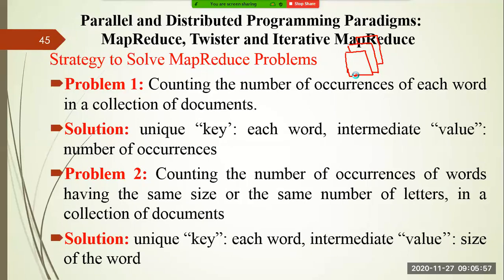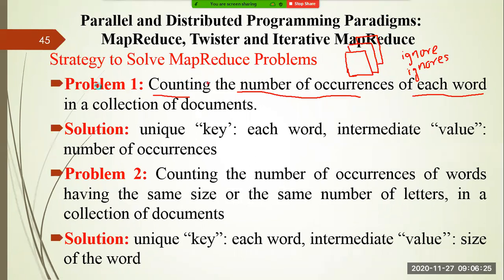Your objective is to count the number of occurrences of each word. Like in the previous example, you are calculating how many times ignore is repeated, how many times ignores is repeated. Similarly, for each and every word present in these documents, you have to find their occurrences.